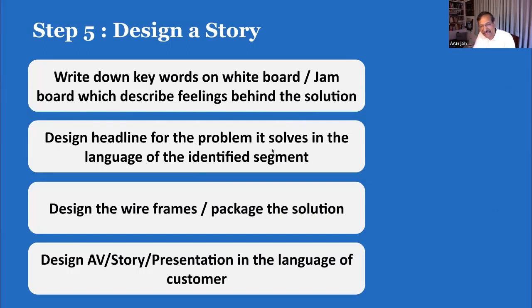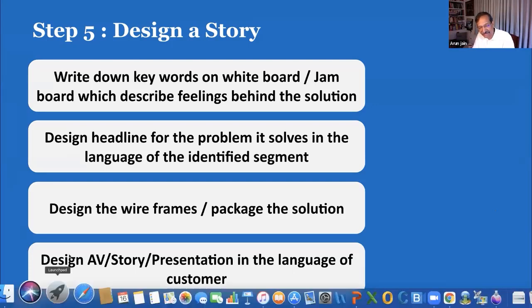I design the headline for the problem it solves in the language of the identified segment. So which customer am I segmenting? If I'm solving the problem for women, I need to pick up the language in Hindi or Gujarati or Marathi or Tamil or Telugu, which is the headline for them. Then I design the wireframes and package the communication.